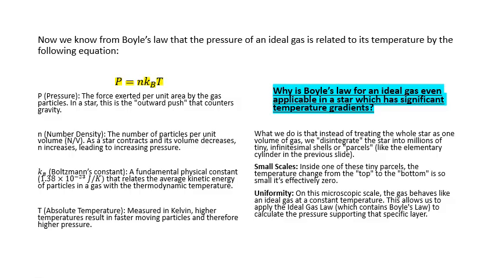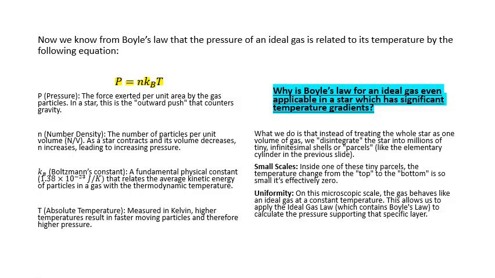You can imagine as the sun contracts and its volume decreases, n goes up because there are more particles in less volume. Therefore the pressure goes up, and therefore the temperature also goes up.